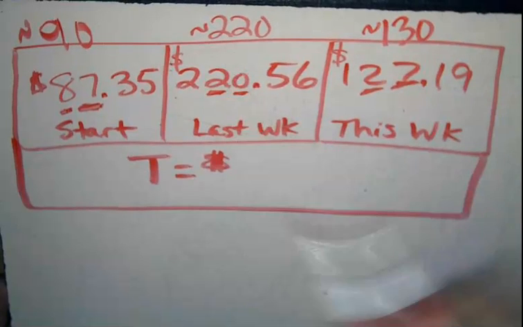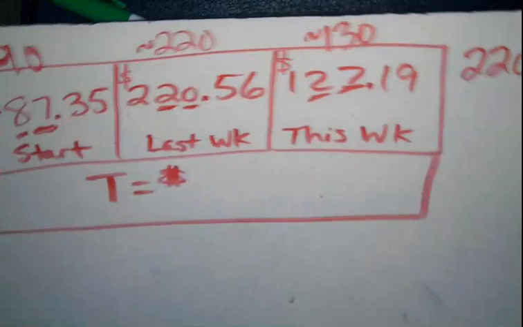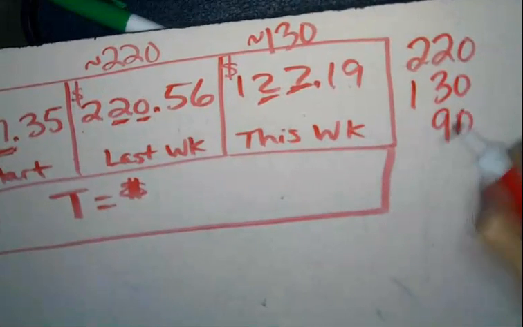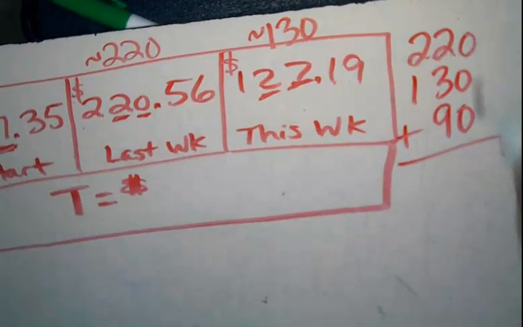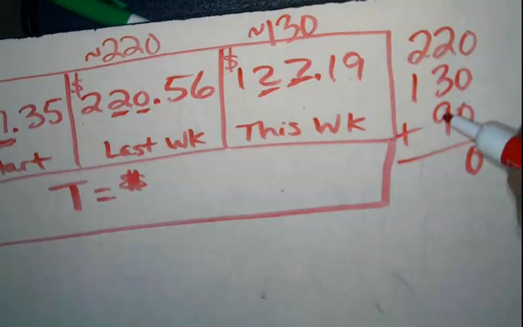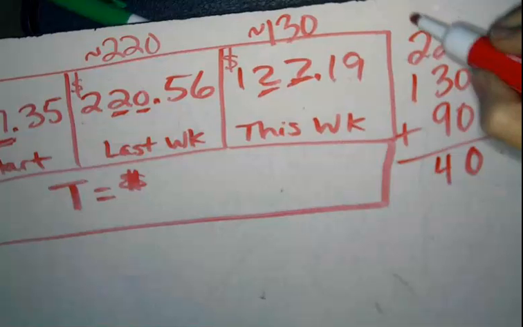So if I add together, you know me, I like to put the big number on top. If I add 220, 130, and 90, I get my estimate. 2 plus 3 is 5, and 5 plus 9 is 14. I have to carry the 1.